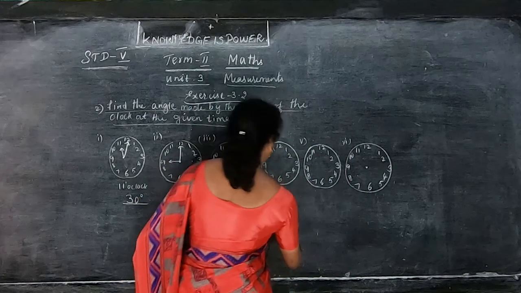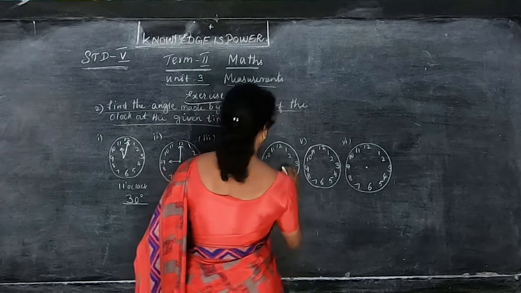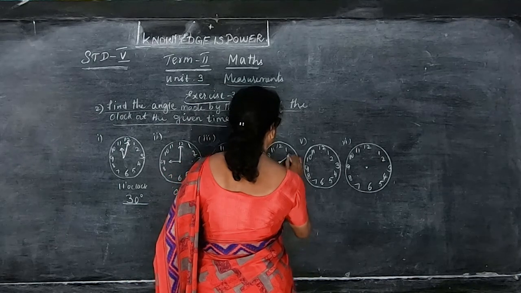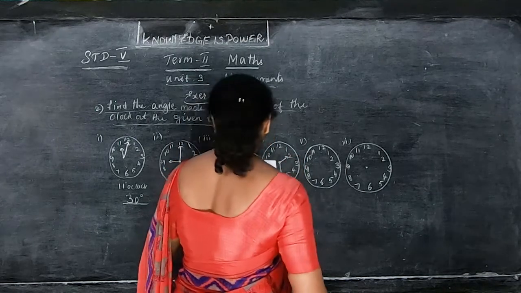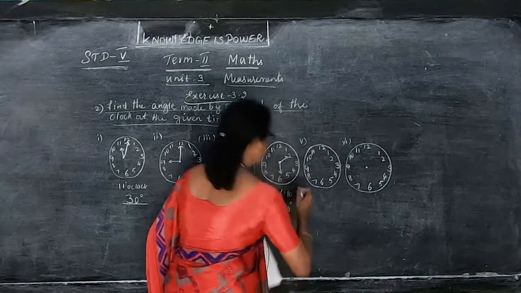So this one is 6:10, you have to draw. In this sum, draw 6:10. So at 6:10, what angle? 120 degree, obtuse angle.